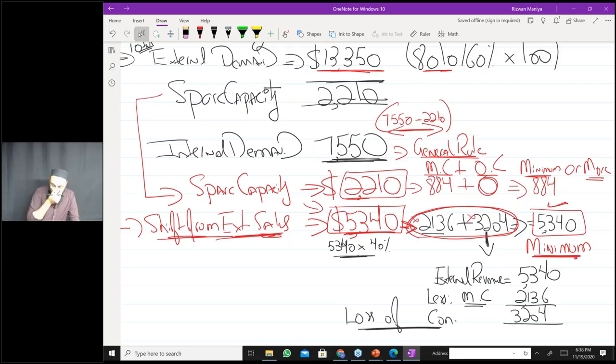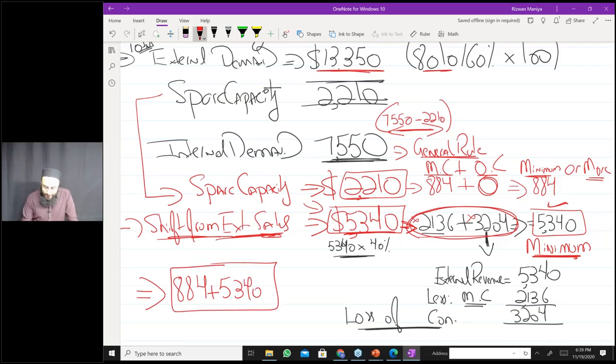So this is the minimum, but you want to charge more than that. Now what is the total that you can offer to the buyer? 884 minimum I'm talking about, plus 5340. So can you tell me the minimum that you can charge the buyer considering these two?